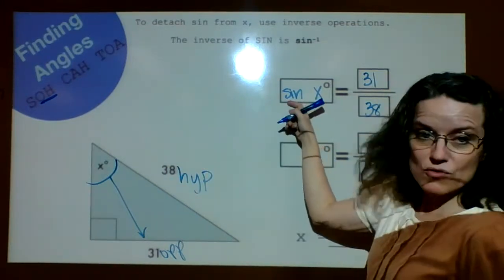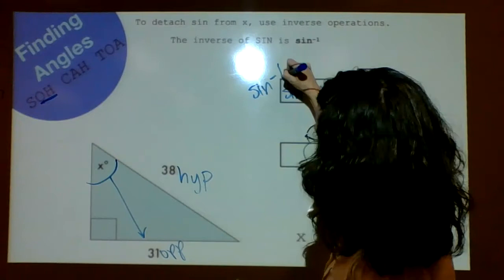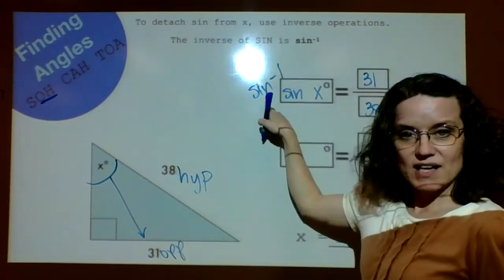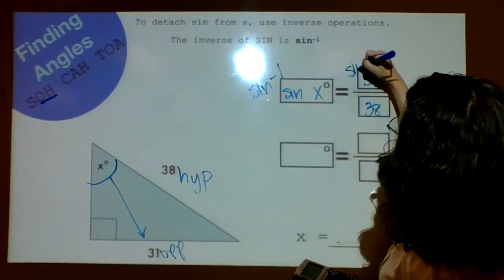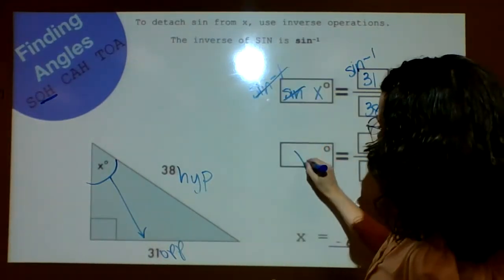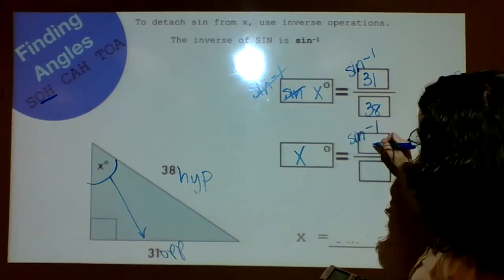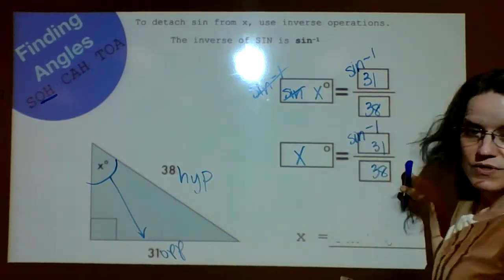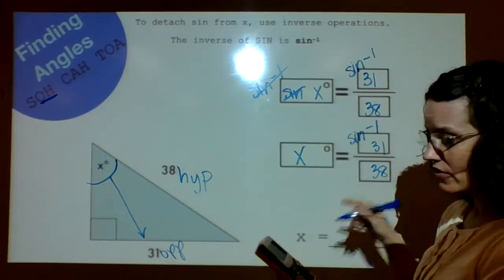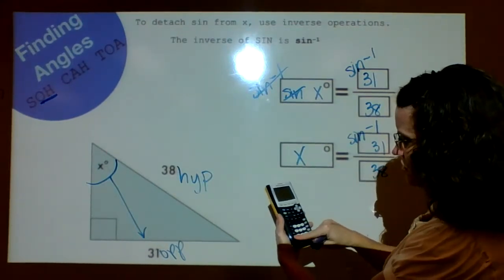So to remove that sine, I need to do the inverse sine. But if I inverse sine the left, I have to inverse sine the right. When I do that, I'm going to get x equals whatever the inverse sine of 31 over 38 is. And so this is going to be what I put into my calculator. So I'm going to hit second and sine. My calculator just died.